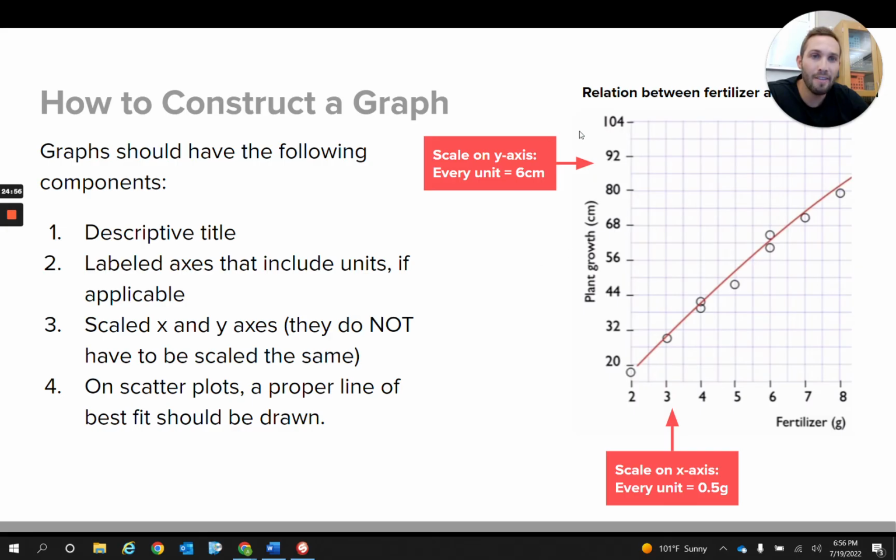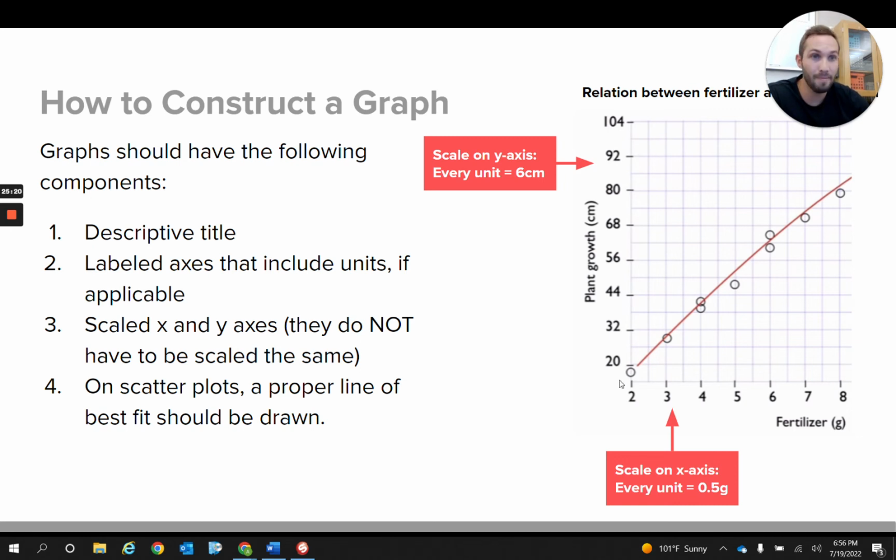On their y-axis, they have a different scale, which is totally normal and fine. On their y-axis, it goes from 20 to 32 to 44, but every unit on here looks like it represents 6 centimeters. So this is 20, this is 26, then 32, then 38, then 44, then 50, then 56, and so on. They have a consistent scale set up on their y-axis.